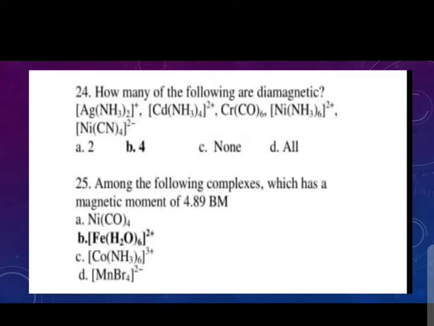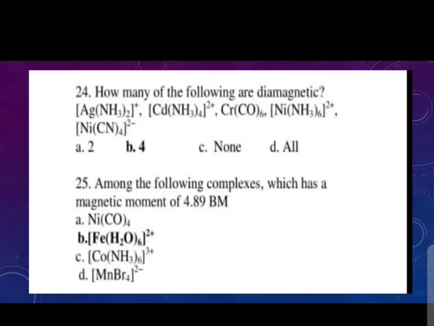So our options are [Ag(NH3)2]+, next [Cd(NH3)4]2+, next [Cr(CO)6], [Ni(NH3)6]2+, and [Ni(CN)4]2-.